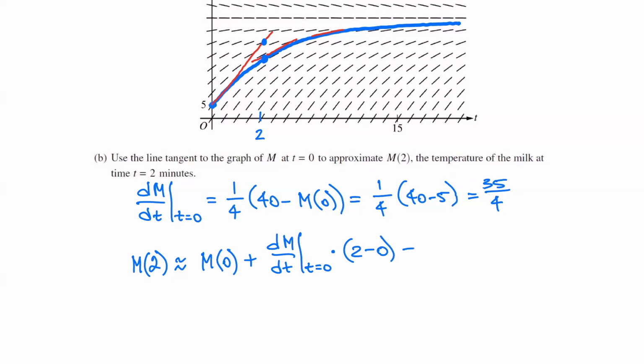Let's plug in the values. m of 0 is given as 5, plus dm/dt at time 0, which we just calculated as 35/4, times 2 minus 0, which is 2. This equals 22.5 degrees Celsius. So the answer to part B is 22.5 degrees Celsius.